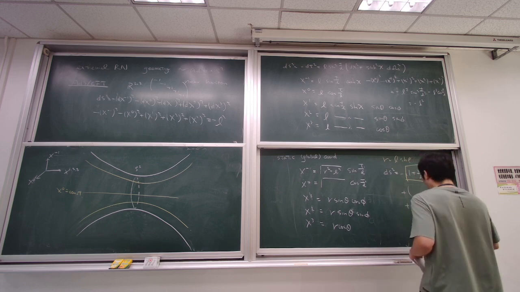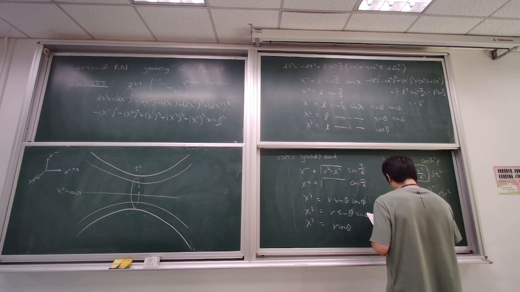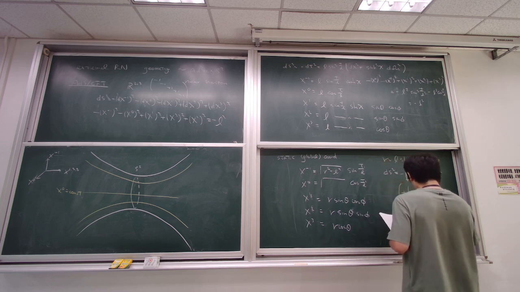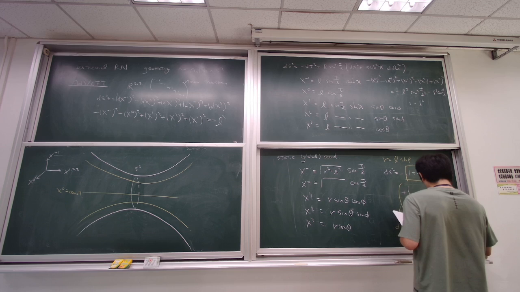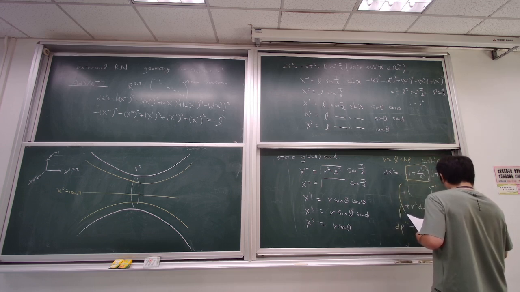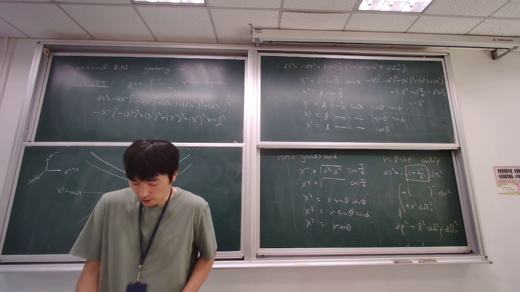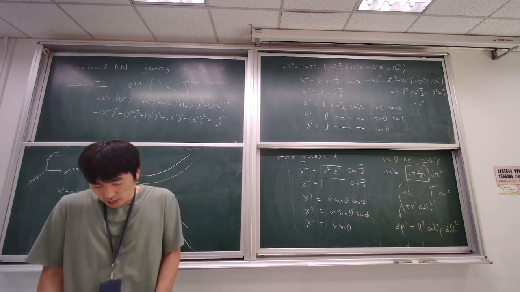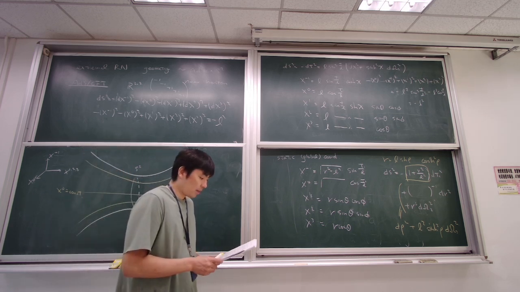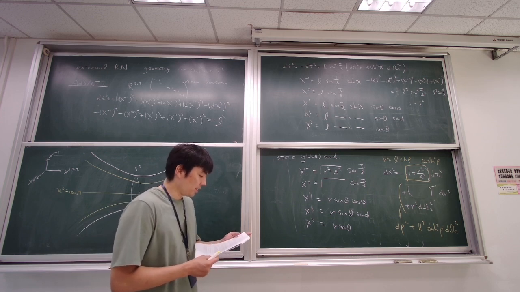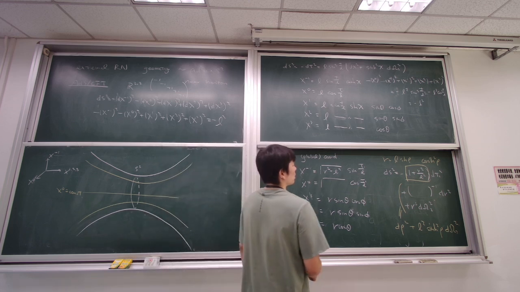The spatial part will become d rho square plus L square sin square rho d omega 2 square. So one can just write it this way, in a very symmetrical manner. It's kind of like a spherical coordinate of an AdS space.